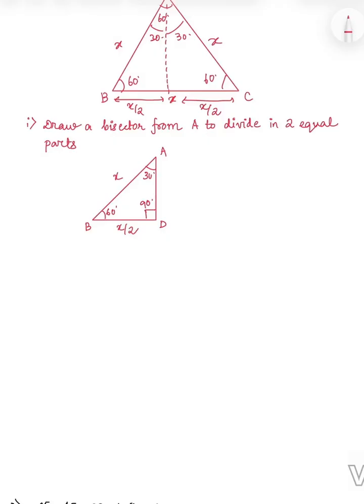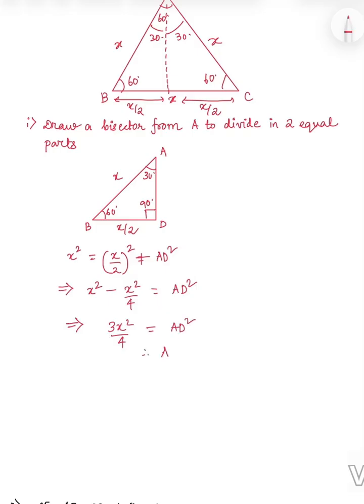So we use the Pythagoras theorem. That gives us x square is x by 2 whole square plus AD square, right? So this is x square minus x square by 4 equal to AD square. So 3x square by 4 is AD square.